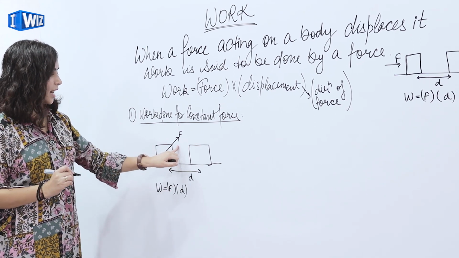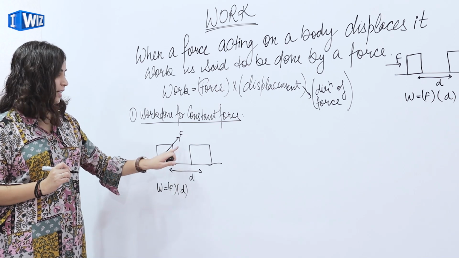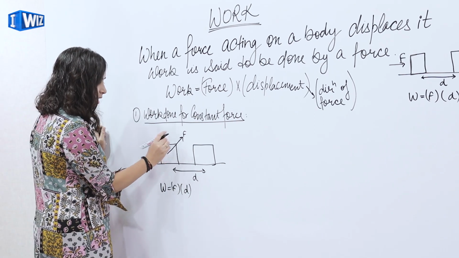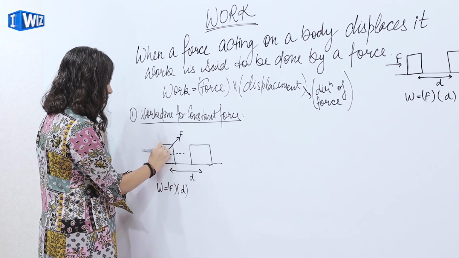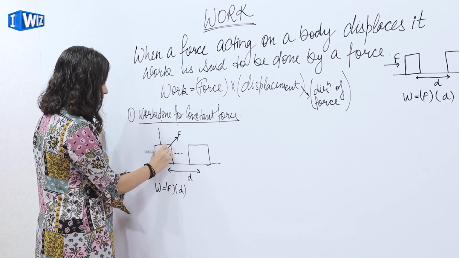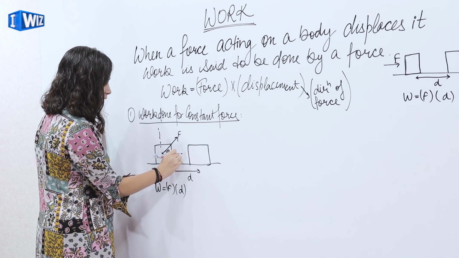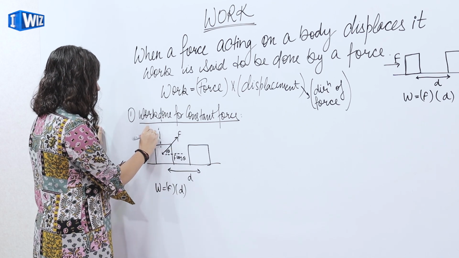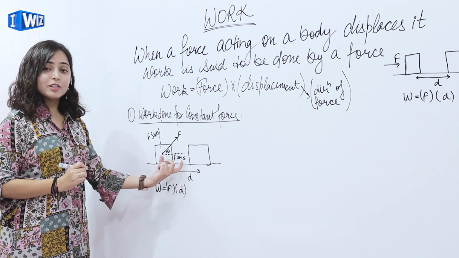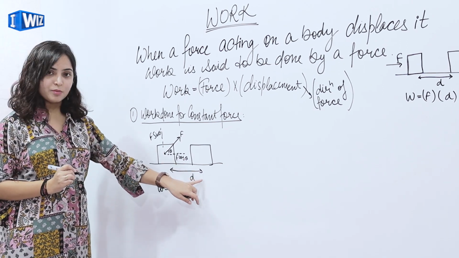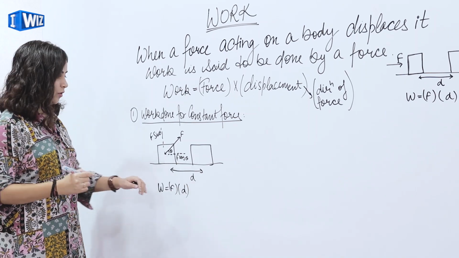But now the direction of the force is not in the direction of the displacement, so in this case we'll resolve the components of force. This is F cos theta and this is F sin theta. The component which is in the direction of the displacement, we will take that component of the force.